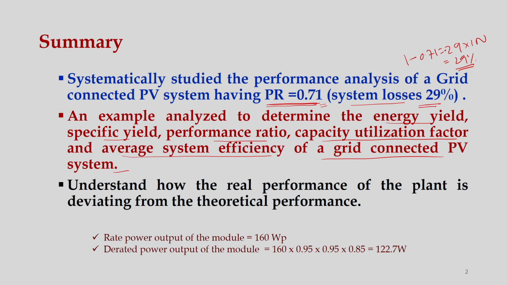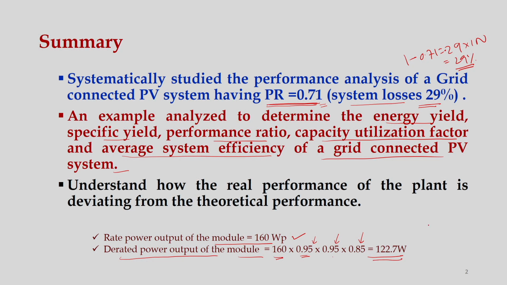As you can see, the rated power output of the PV array or module is about 160 watt peak. This is for modules, and if we consider a single module, the rated power output will be, if we multiply by 0.95 for manufacturer tolerance, 0.95 for dirt and 0.85 for temperature, 122.7 watt.